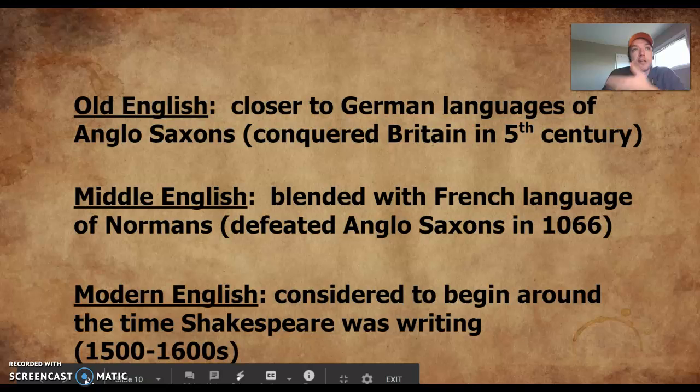So Shakespeare technically writes in modern English because we can usually understand him. If we found a time machine and went back to the 1600s, we'd be able to figure it out. That's definitely not true with Old English, and it would be much harder with Middle English.